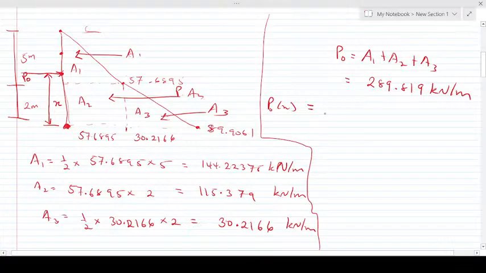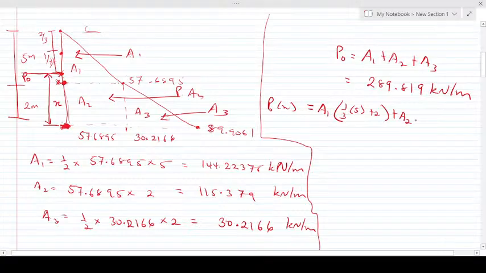A1 is simply a triangle, and I've already told you that this is the longest part, here is 2/3 of the height, and this is the shortest part, so this is 1/3 of the height, which is 5. But when we take 1/3 of the height, we end up at this point, and we're taking moment about this base, so we add the remaining distance to get here, so plus 2. That's for A1.